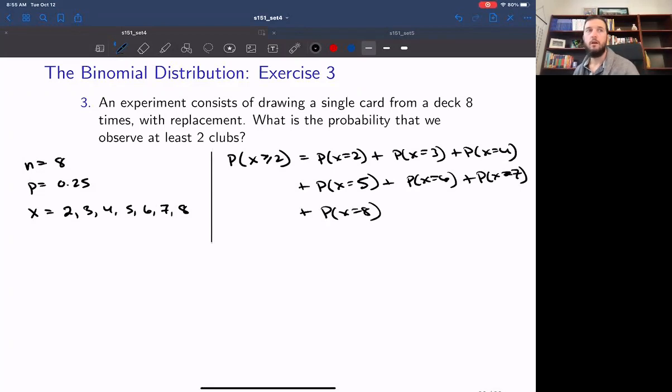Okay. So we can do it this way, and we can just compute the binomial probability formula 7 times. So 1 for each of the different values of x that I've written out. This is a fairly tedious approach.